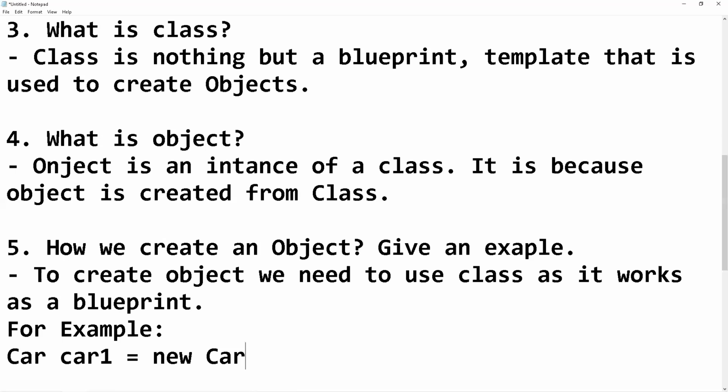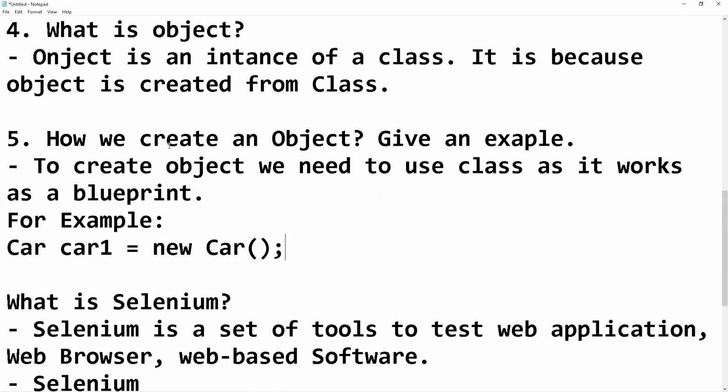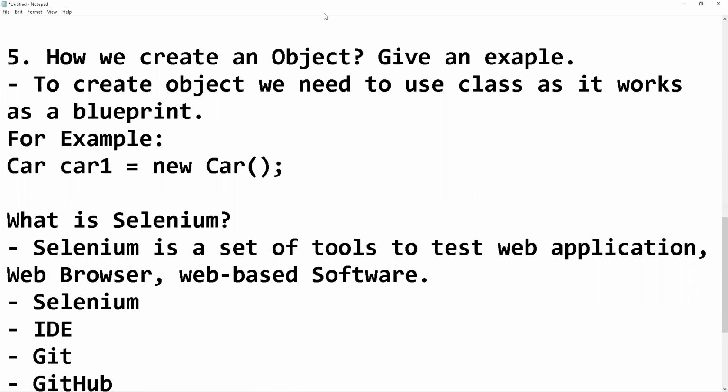And when we type again car, then parentheses and semicolon, we complete creating an object. New car is now a new object that is created from the car class.